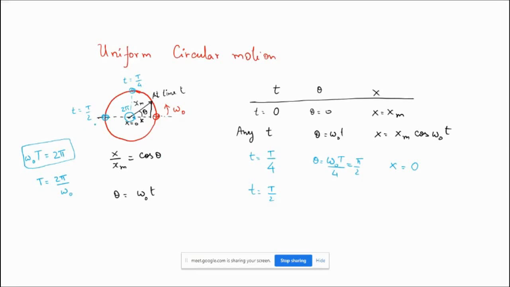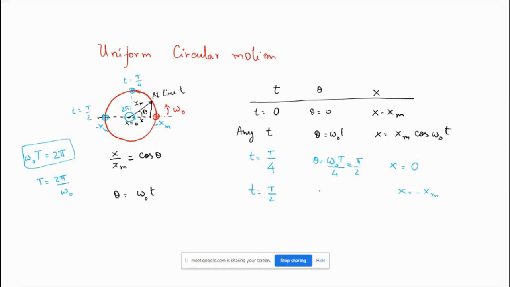At t equal to T by 2, the bead would have completed half a rotation. So the corresponding x value would be minus xm. Physically, we can observe that since this is the positive x direction, this is plus xm, whereas this position is minus xm.